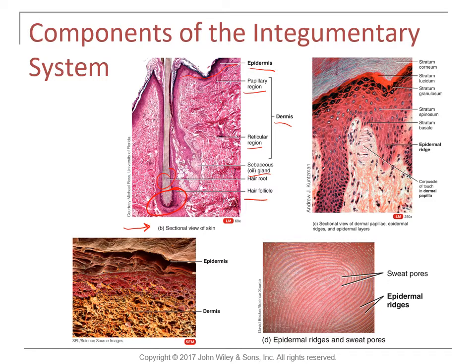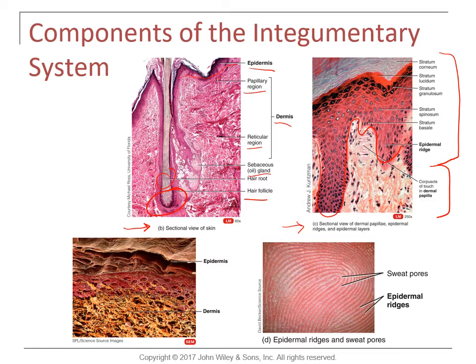If we look at this figure on the right, we have a sectional view of dermal papillae, epidermal ridges, and epidermal layers. Here we have the top layer, which is the epidermis, and here is where the dermis starts, with the papillary region first.